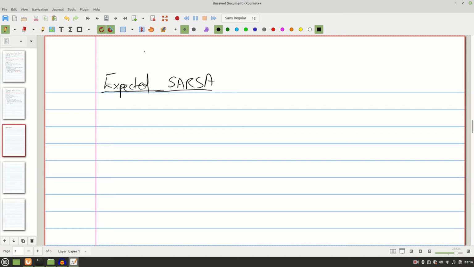But I'm just going to show you how it works. What we should do first is consider an algorithm that is just like Q-learning, except that instead of taking the maximum over all actions like we did before, we compute the expected value, taking into account how likely each action is under the given policy.